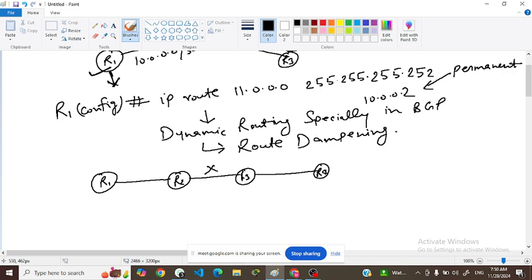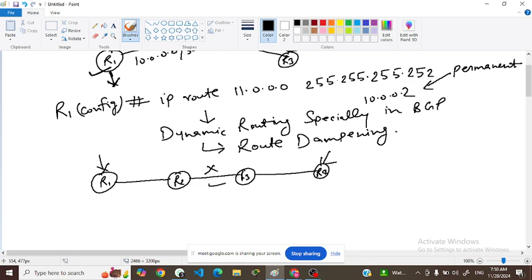So if this link is continuously going down, once the link goes down this router will remove the entry, and once the link comes up, this router adds the entry of this network again. So will CPU utilization be high or not? Answer. Abdul, yes. CPU utilization on these routers will be high because this link is continuously flapping.